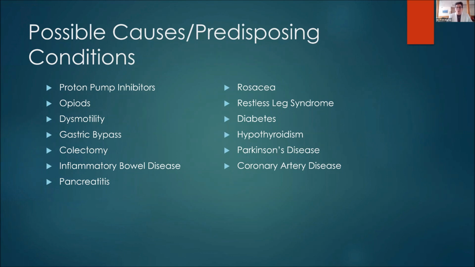Pancreatitis could also put you at risk, and also inflammatory bowel disease like Crohn's or ulcerative colitis could be a predisposing condition for someone developing SIBO, or small intestinal bacterial overgrowth.